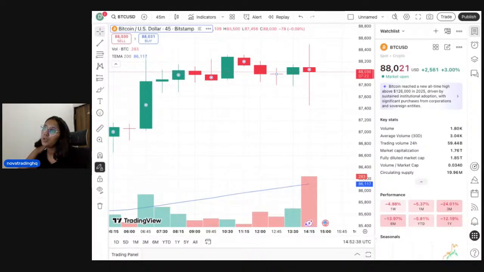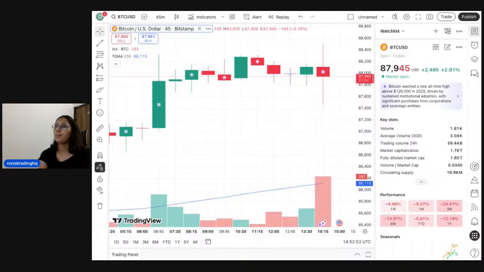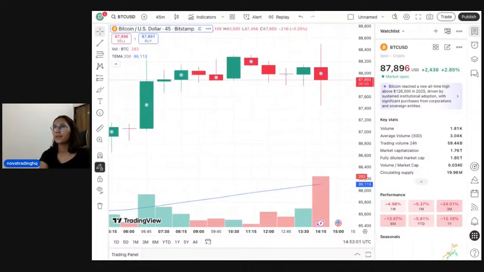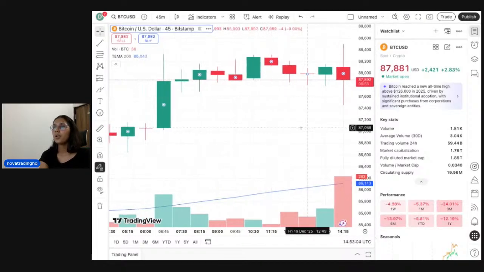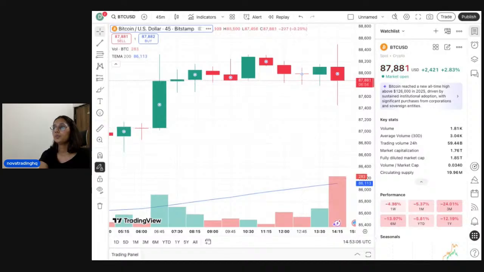This forms a higher low, and that higher low is the confirmation that this trend is real. If the price were weak, it would break the previous low or accelerate downward. It does neither. That's something we need to keep in mind.